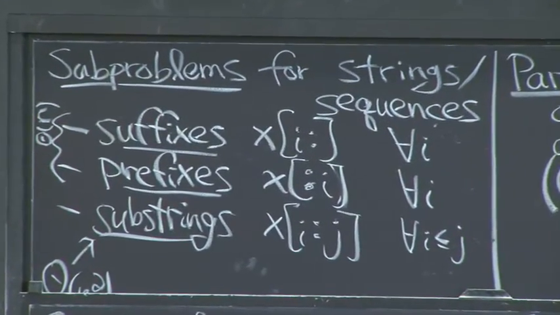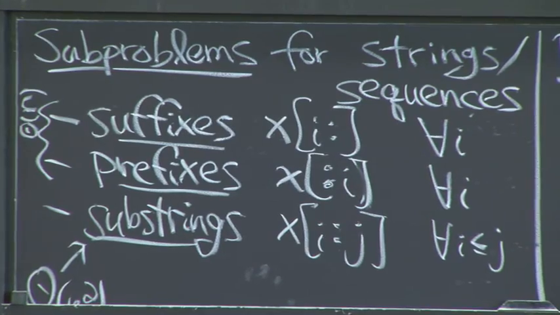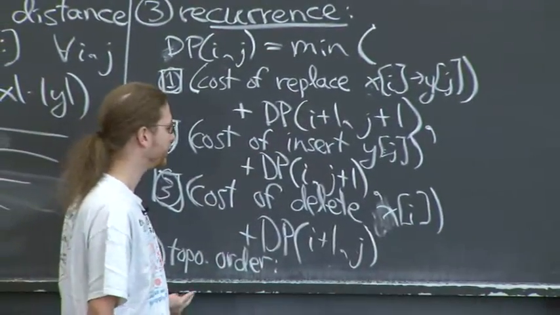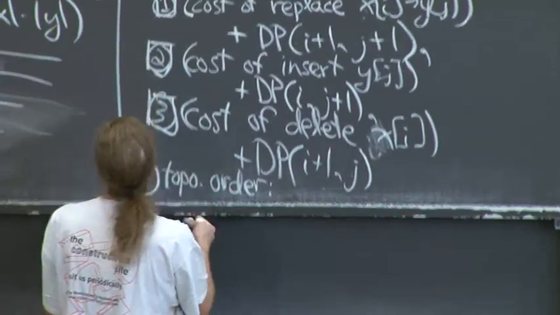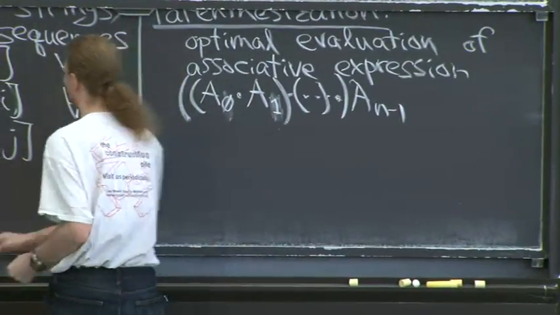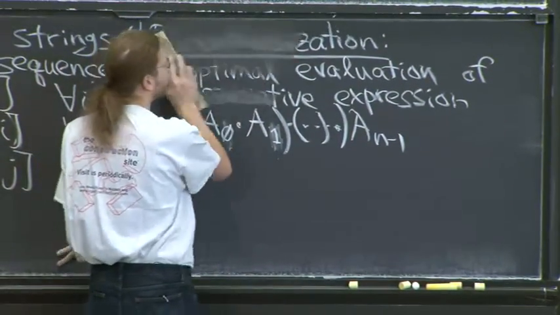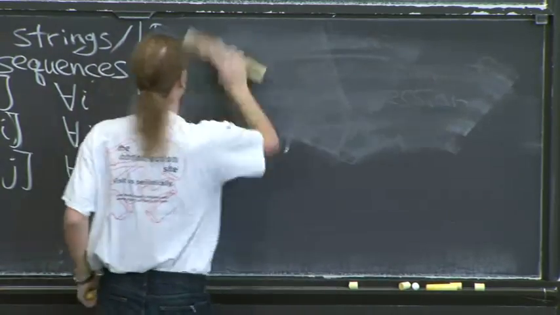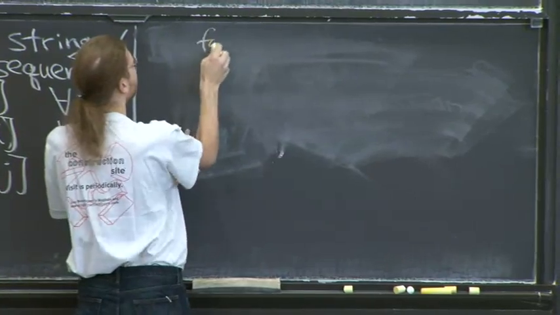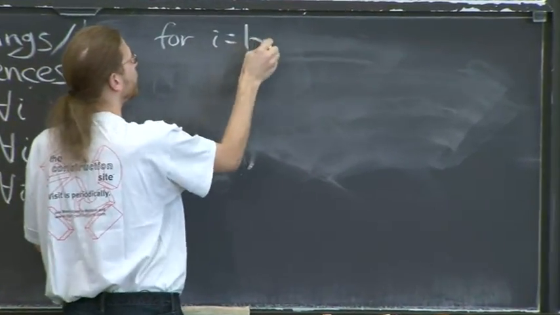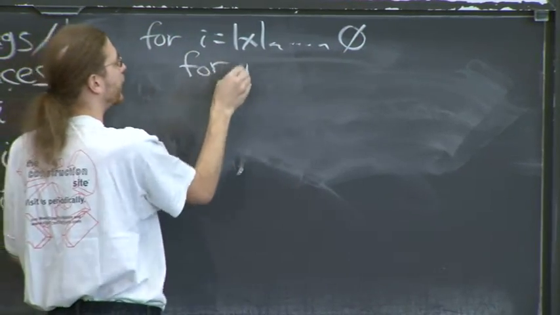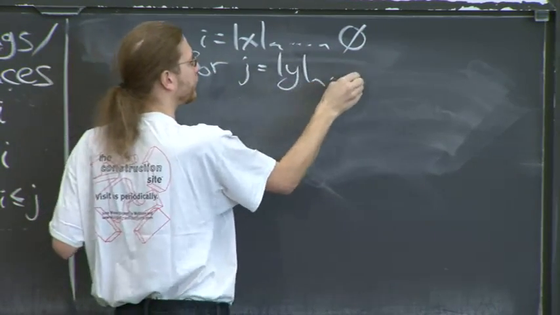And indeed, because we're always looking at later suffixes for one or the other, it's enough to just do that for both of the strings. It doesn't really matter the order. So you can do for i equals length of x down to 0, for j equals length of y down to 0.